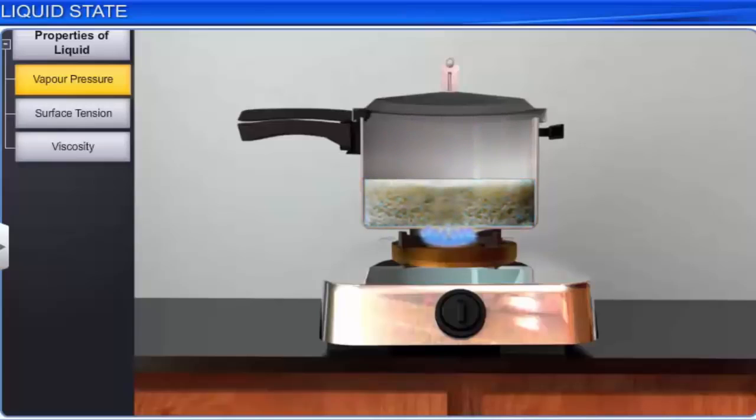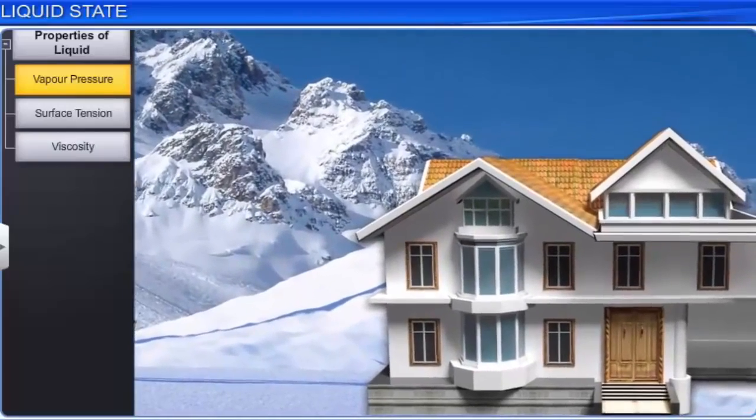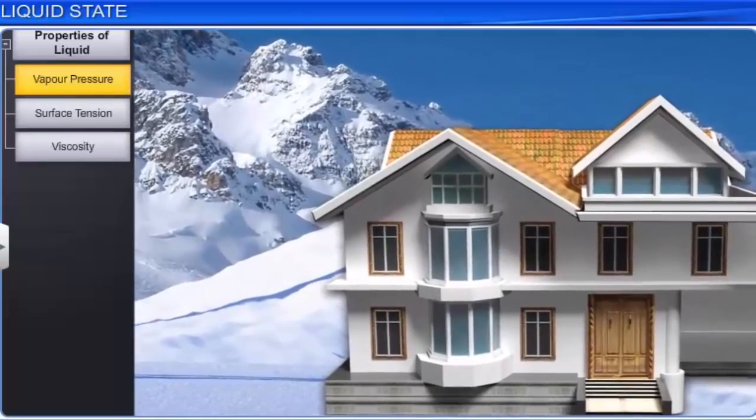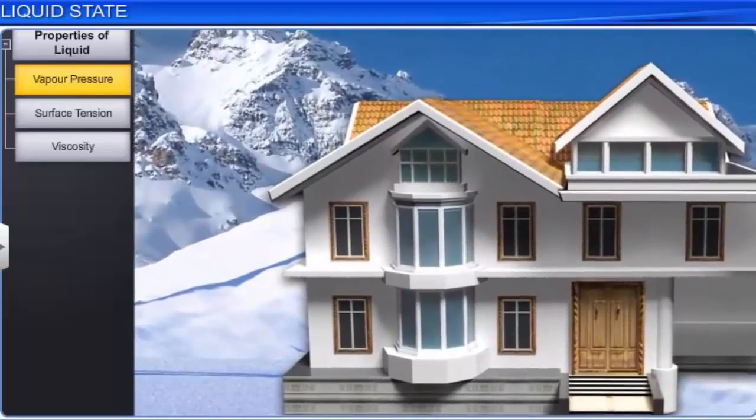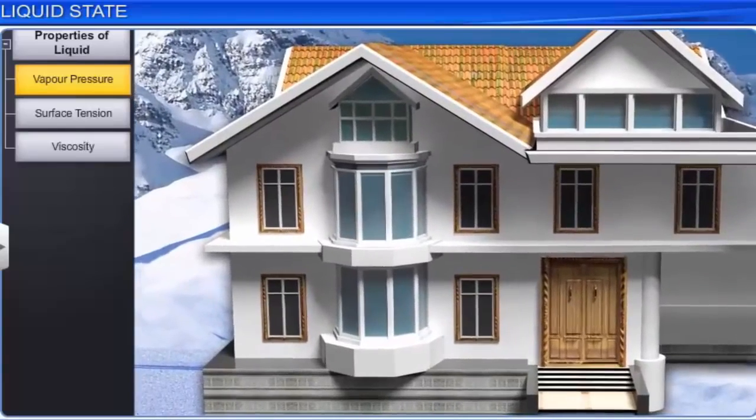At high altitudes, the atmospheric pressure is low, and hence the water boils at low temperatures at these places. Hence, people living at higher altitudes use pressure cookers to cook food.